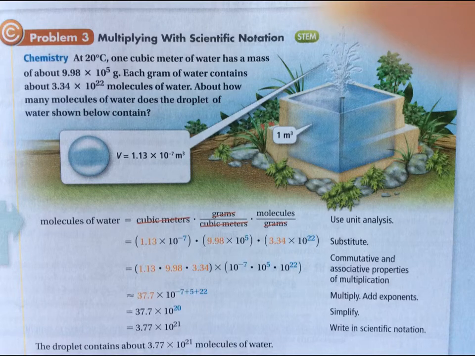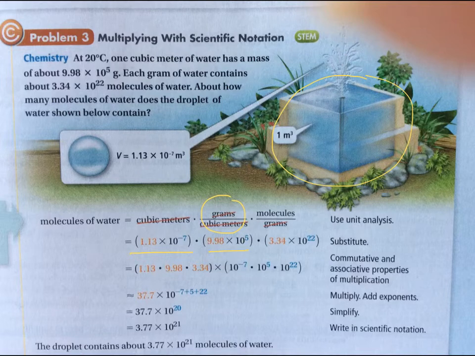So here we have the volume of one droplet is 1.13 times 10 to the negative 7. And they did this unit conversion up here above it just for the neatness factor. So the volume's in cubic meters, times, so 1 cubic meter of water has a mass of about 9.98 times 10 to the 5th grams. So that's grams per cubic meter here.